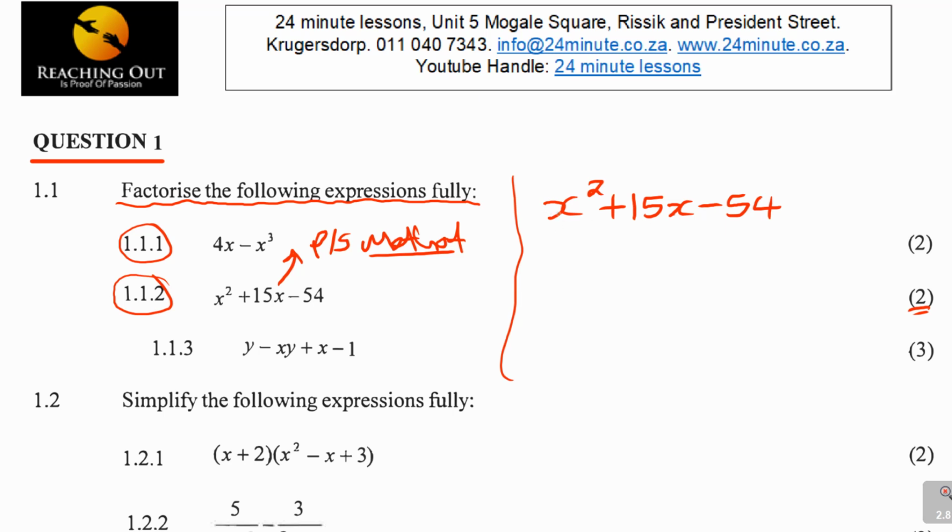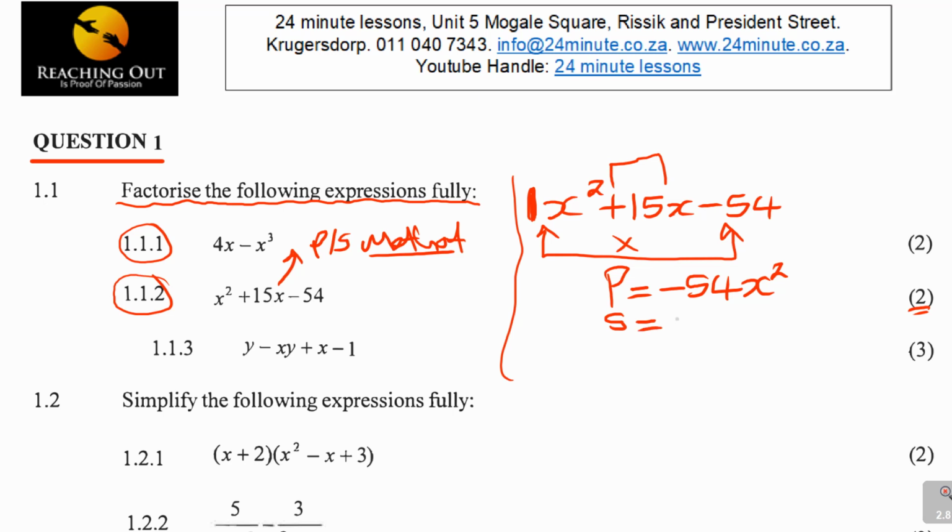Now the first thing I need to check is that there is a 1 here, and then I'm going to take this number and that number, and multiply them. When I multiply them, they will give me the product. So my product here is 1x squared times negative 54, which is minus 54x squared, and then my sum is the center number, which is plus 15x.